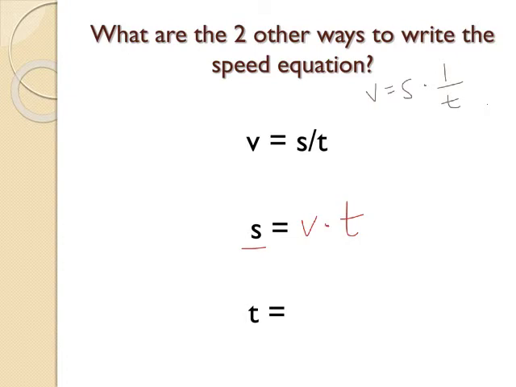So we actually start this rearrangement the exact same way. We multiply by t, so we'll have distance, or speed times time, is equal to distance. And then, now we have just plain old t instead of 1 over t, so we divide by our velocity. Okay?